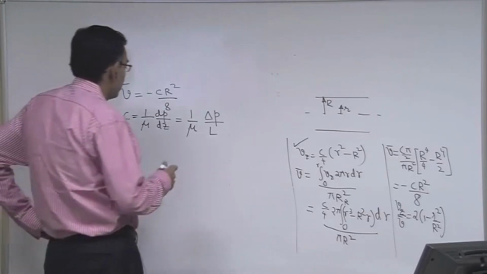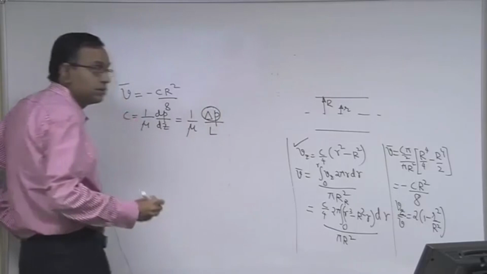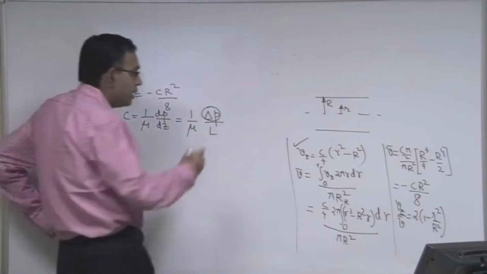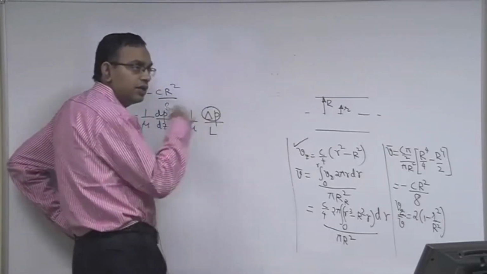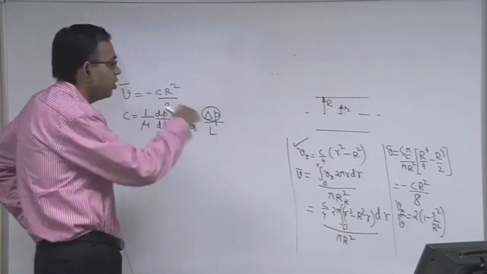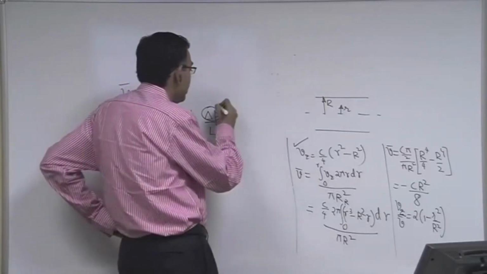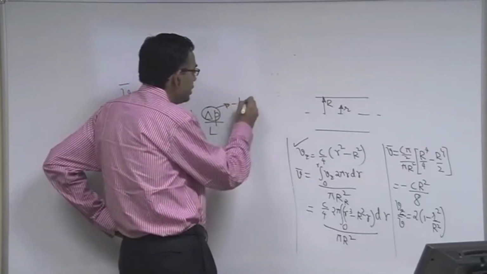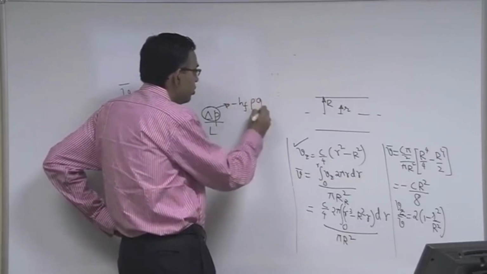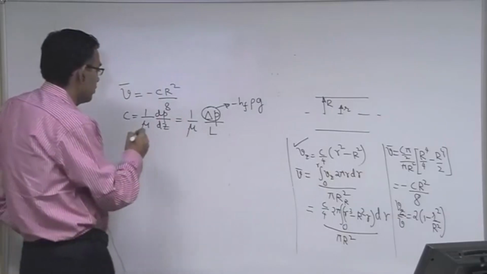Now, so you can write in place of delta P, we are basically working out the same steps that we worked out in the previous class, just the coordinate description is a little bit different, the geometry is a little bit different. So, this is minus Hf rho g, where Hf is the head loss due to friction.